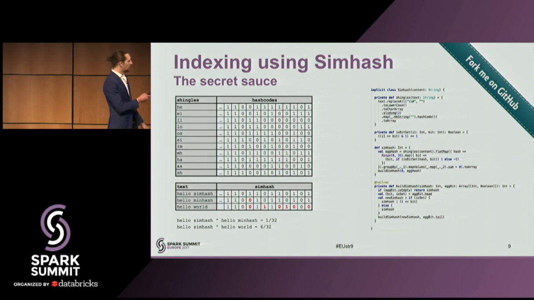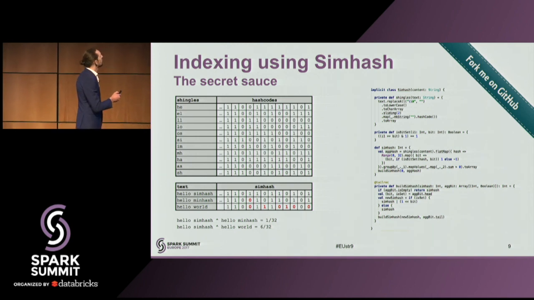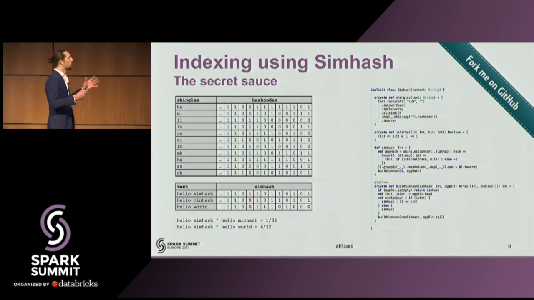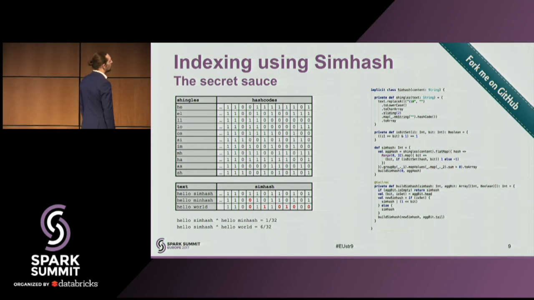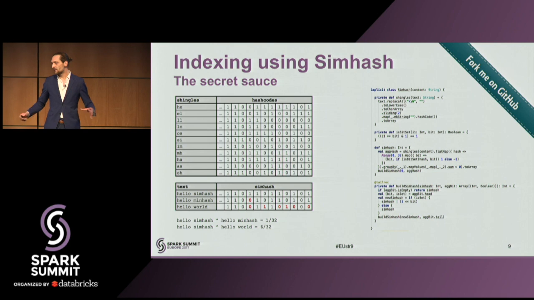Instead, you will basically generate lots of hashes for all the different tuples or shingles, different words, and aggregate all these hashes in order to build some signatures that describe your document. And then you can compare those signatures and say, both articles are pretty much the same. They only differ by 1 bit out of 32. So we generate all these kinds of indexes. We can compare articles together and say, yes, that's a near duplicate.